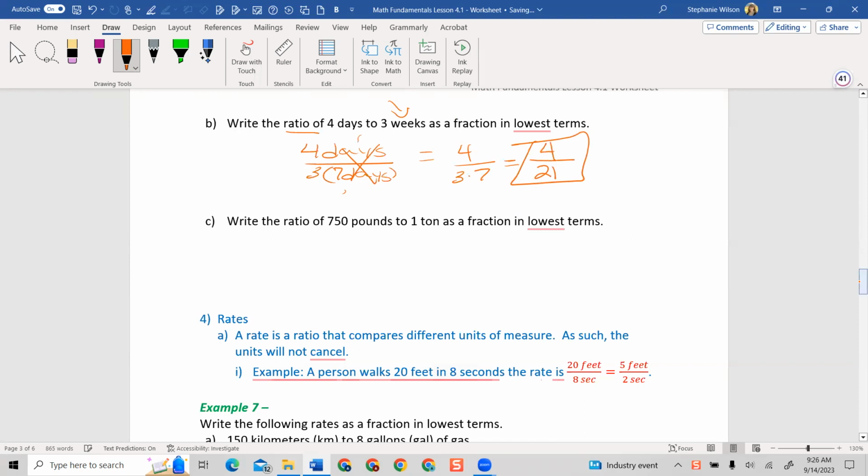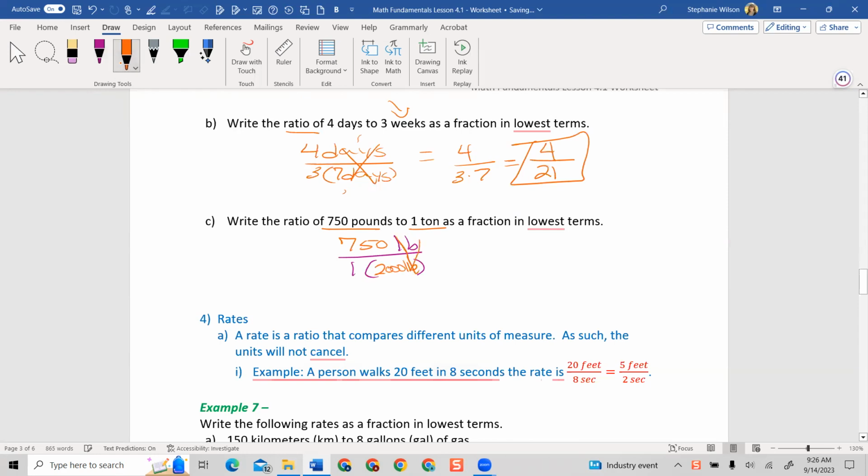Now let's talk about the ratio of pounds to tons. So I got 750 pounds, and let me use the correct abbreviations real quick for pounds. All right, over 1 ton. However, in the place of ton, I want to put 2,000 pounds.